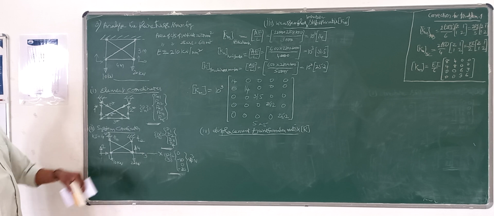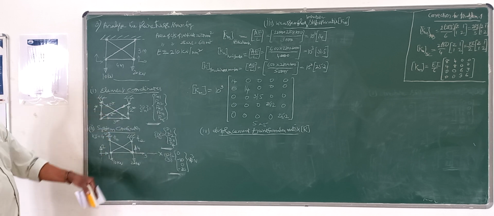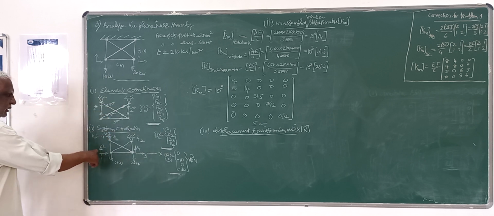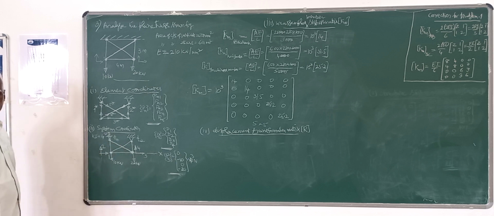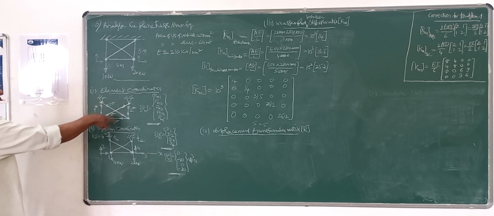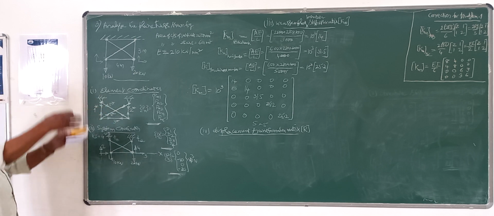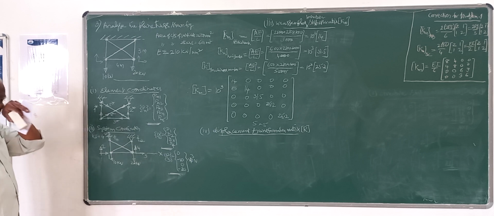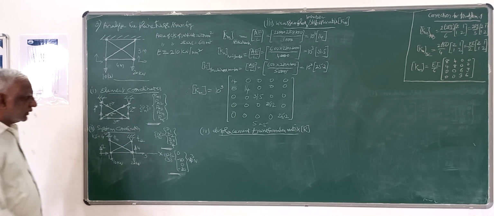You will get all the columns of this. There are 4 global coordinates, so give unit displacement one at a time and evaluate the corresponding forces. So that means it is a 4 by 5 matrix when put together.